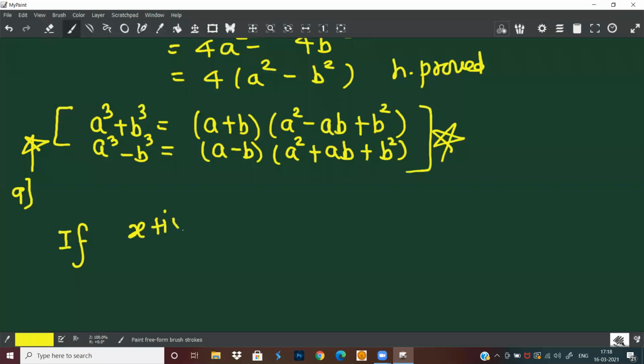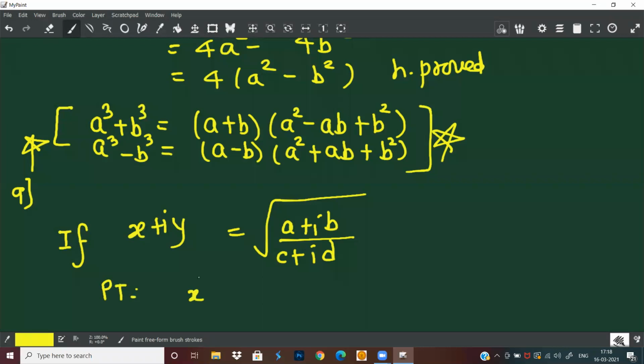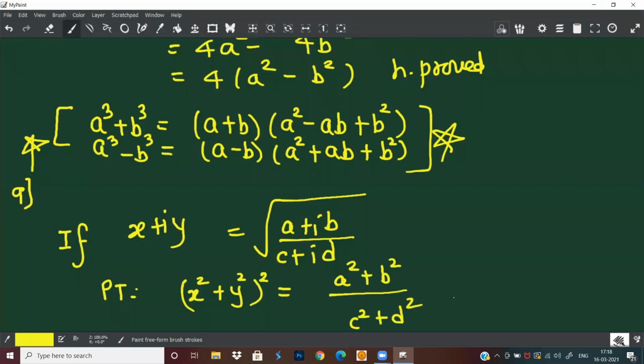If x plus iy is square root of a plus ib upon c plus id, prove that x square plus y square bracket square is a square plus b square upon c square plus d square.